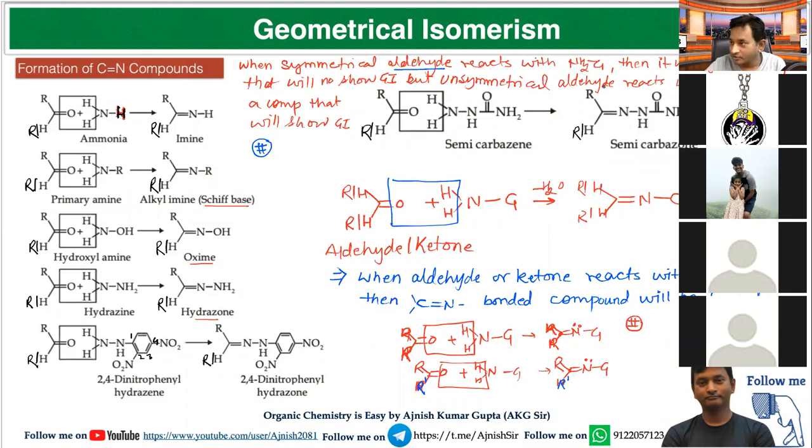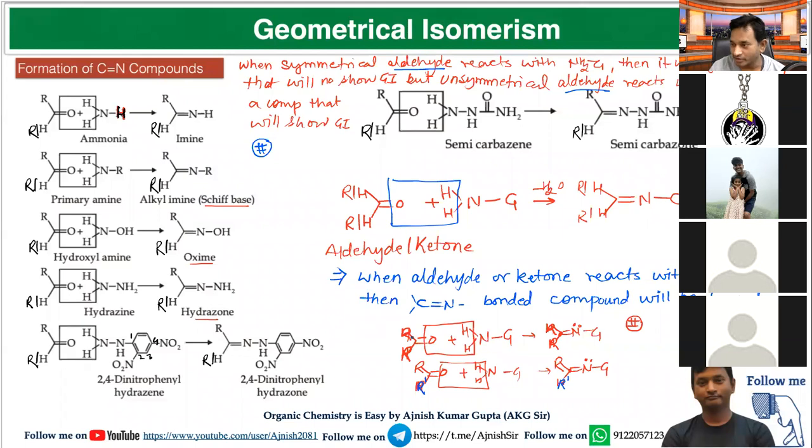But unsymmetrical ketone, in place of aldehyde you can use ketone, reacts with NH2Z and forms a compound that will show GI. Is it clear?